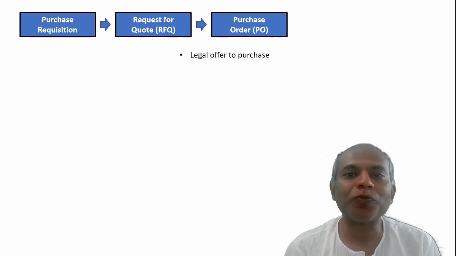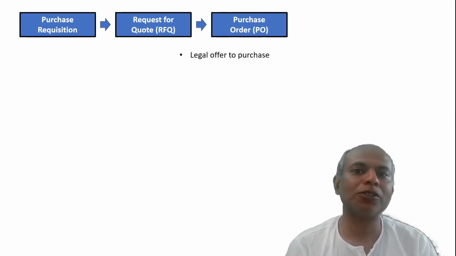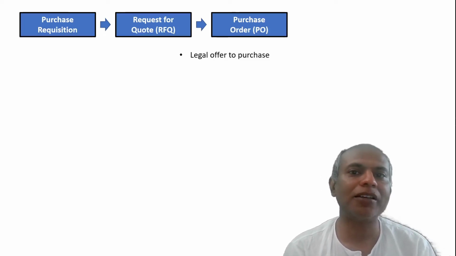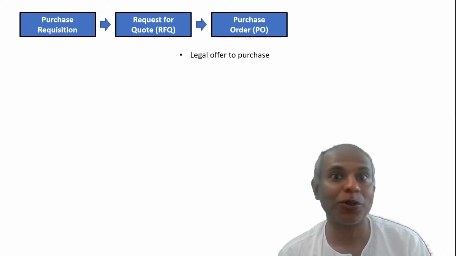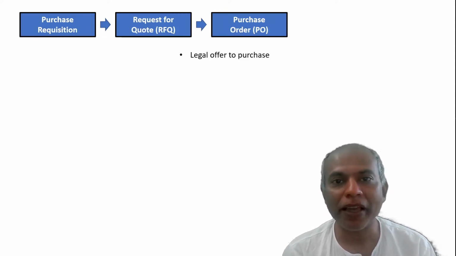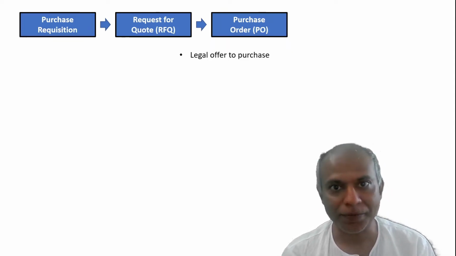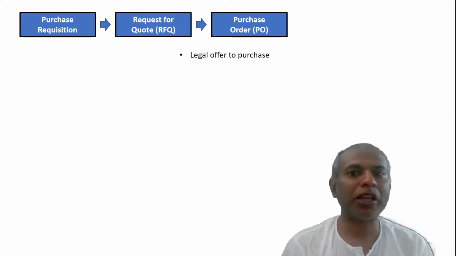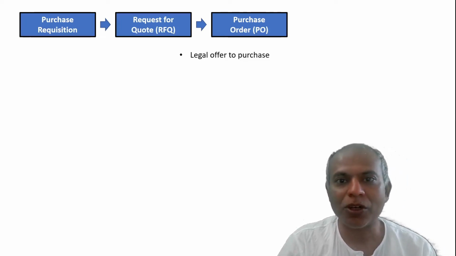And so once the purchase order is communicated to the supplier and the supplier accepts the offer, it becomes binding on the buying company to execute the contract. So we have to be careful about issuing purchase orders.